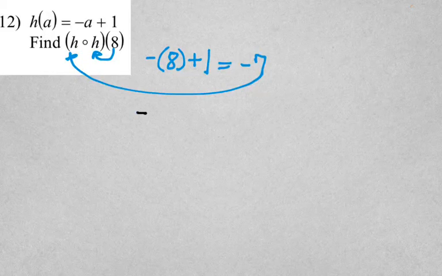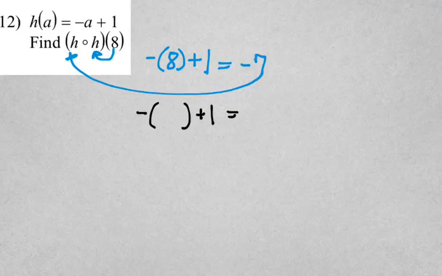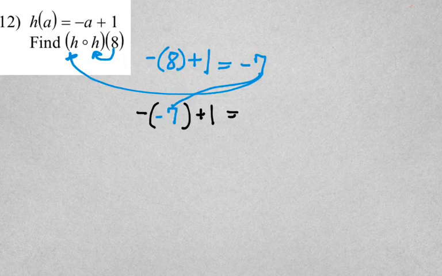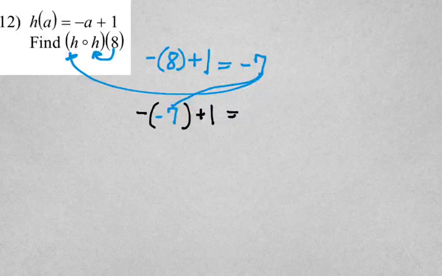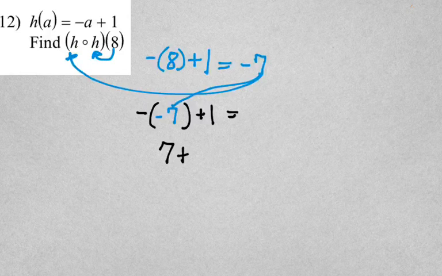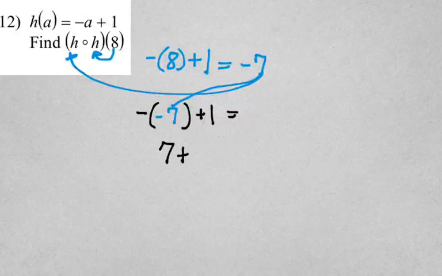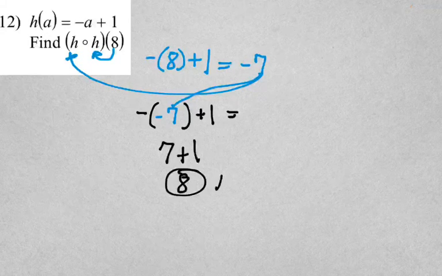So a negative, my input, plus 1. And so my input was that negative 7, and I take the negative of it, which gives me a positive 7 plus 1, which is 8, and that's your answer.